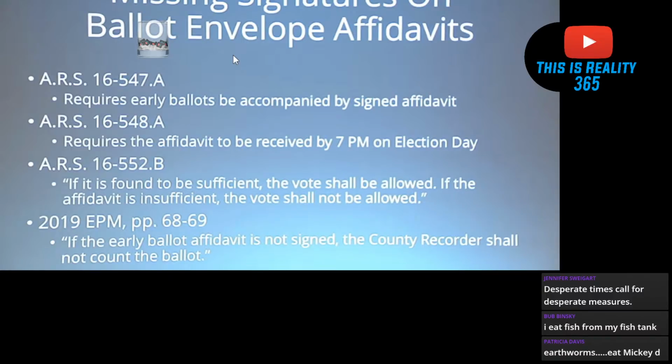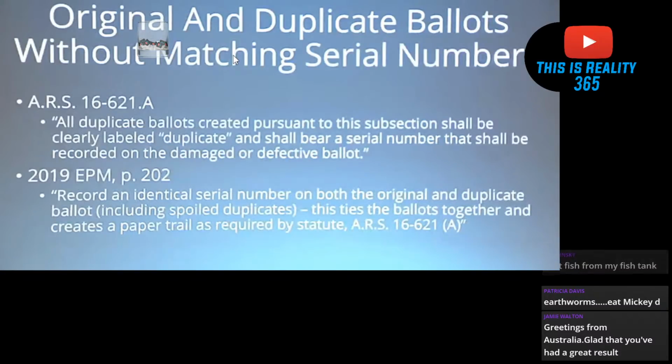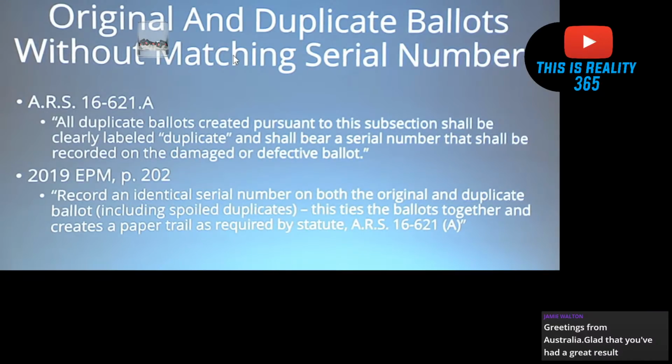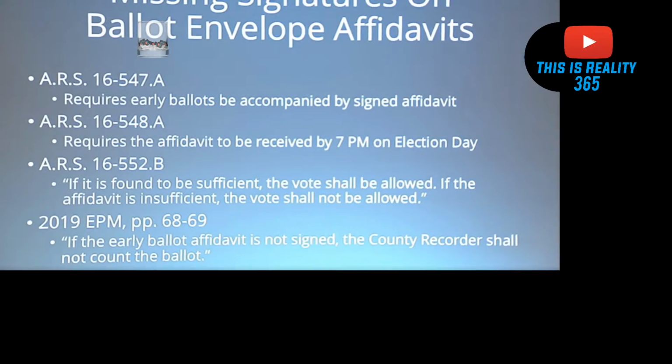As we've heard in previous testimony, and the slides aren't changing on my screen, but I hope they are at your end. First slide, our observation is related to the missing signatures on ballot envelope affidavits, and there are some statutes there.